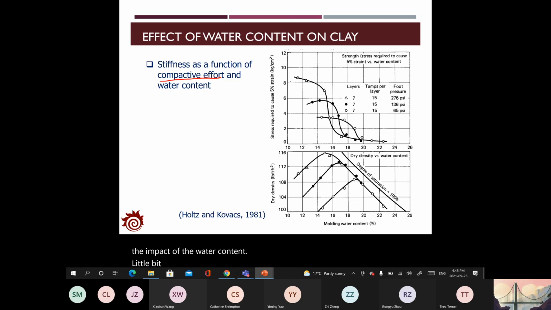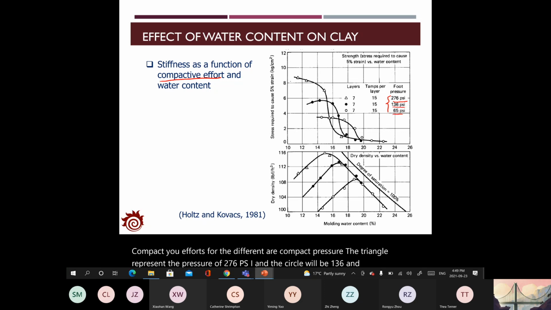Here, in this figure, you can see the results for the different compactive efforts, for different compaction pressures. The triangle represents the pressure of 276 psi, the circle will be 136, and the white circle will be 65 psi.